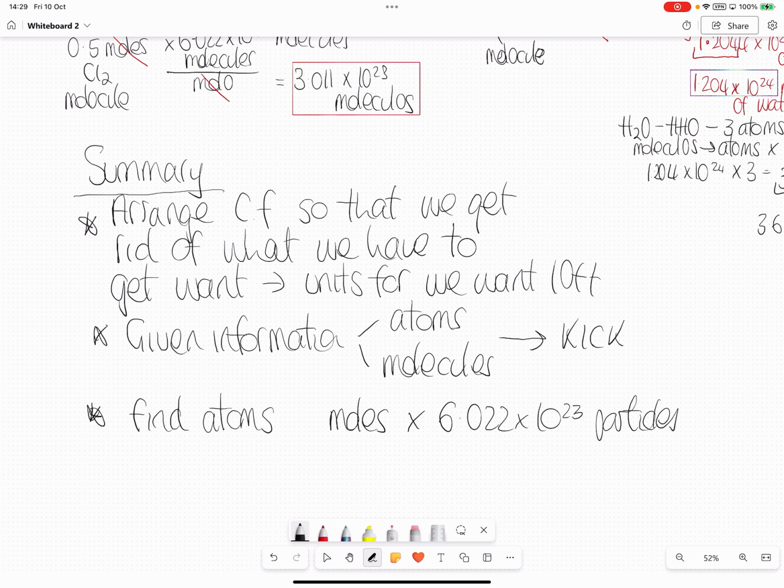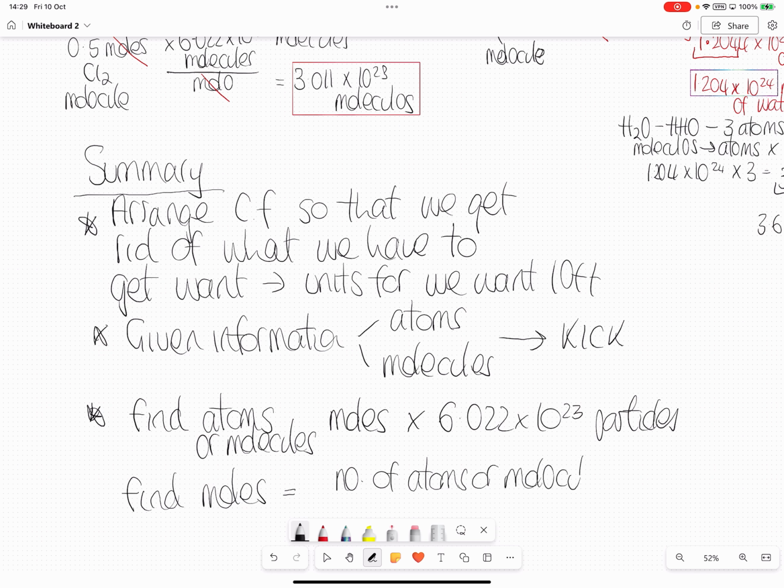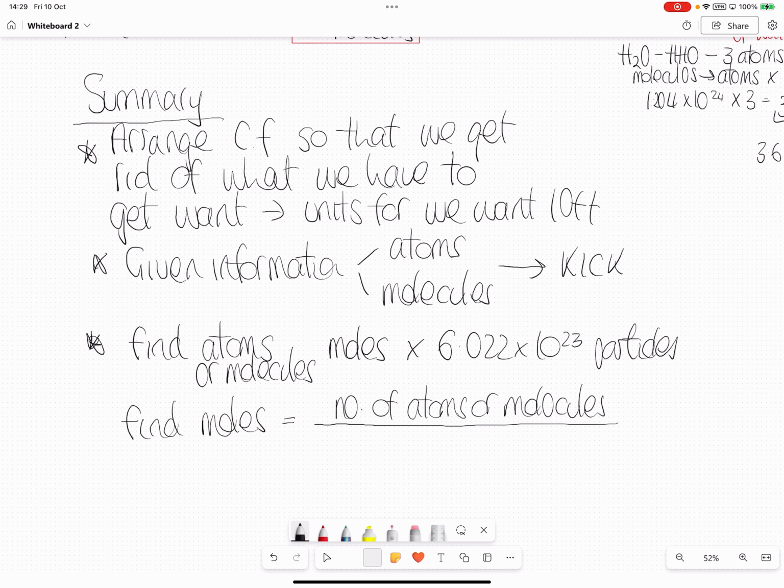If you are trying then to find moles using Avogadro's number, it would be the number of atoms or molecules in your question, and you would be putting that over Avogadro's number. So 6.022 by 10 to the 23, and again that might be atoms, but it could be molecules.